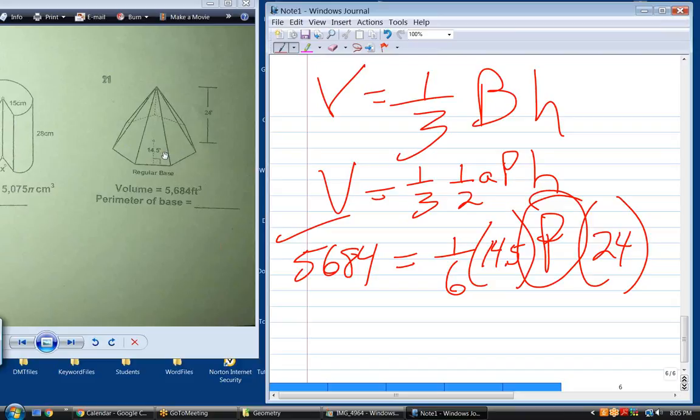And then we'd solve for S, and then multiply S times 7 to come up with the perimeter. But it's much easier if you just use the perimeter formula. Then you don't have to worry about what S is or what N is.